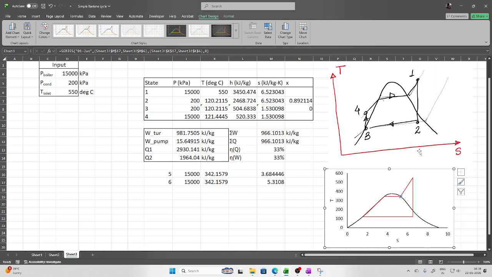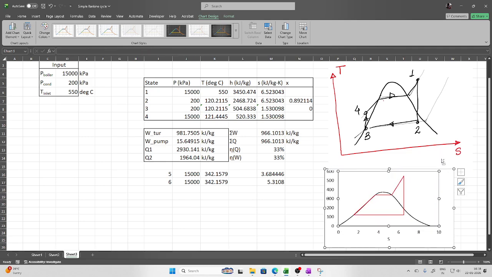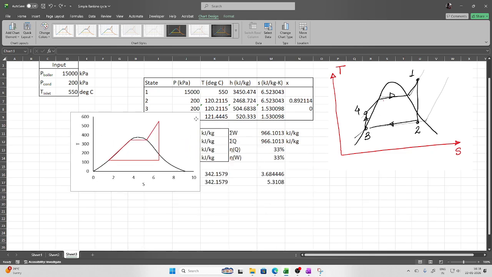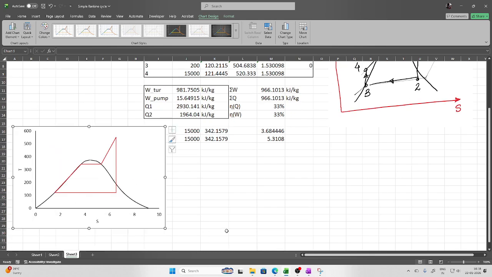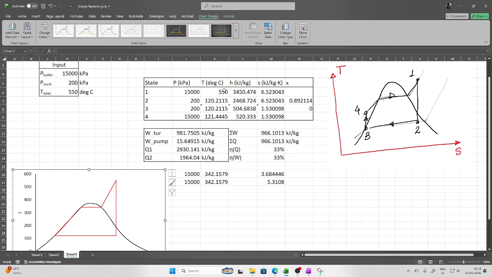Now if you look at this, this is your temperature entropy diagram for these parameters. Okay, now you can see that you are not able to see this 3 to 4 here. Why?